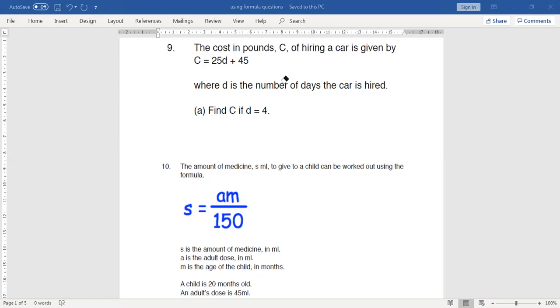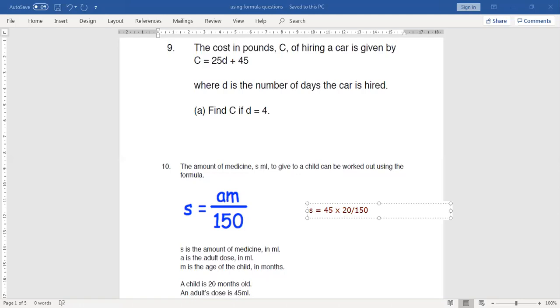So what we do here is we go back in, and S, what we're trying to find out, equals A, which is the adult dose, which is 45. When things are together, you multiply by M, which is the child's age in months, which is 20, and then you divide that all by 150.